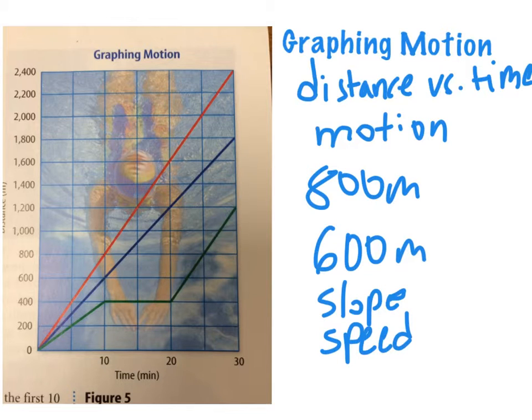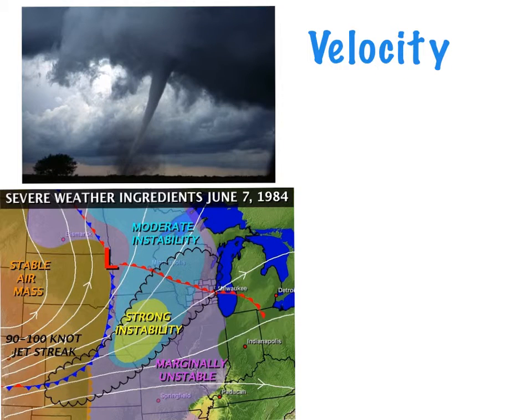Letter B. To plot this kind of graph, we use the x-axis to plot time and the y-axis to plot distance. Sorry, I made a mistake here. So we use the y-axis to plot distance. And letter C, once we connect the points, we can see who traveled faster and who traveled further.